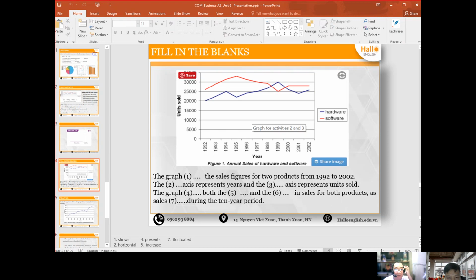Number seven is fluctuated. So at increase and decrease in sales for both products, sales fluctuated during the 10-year period.